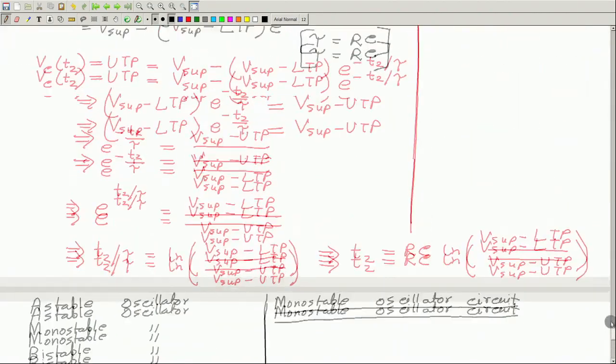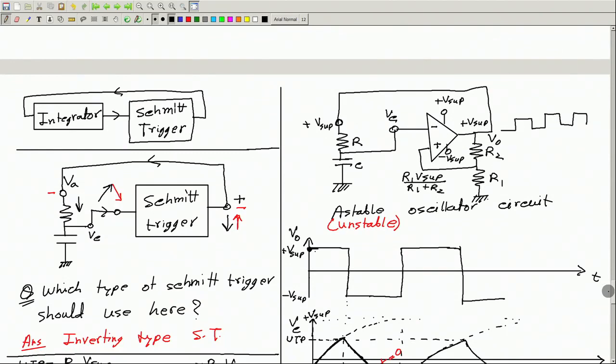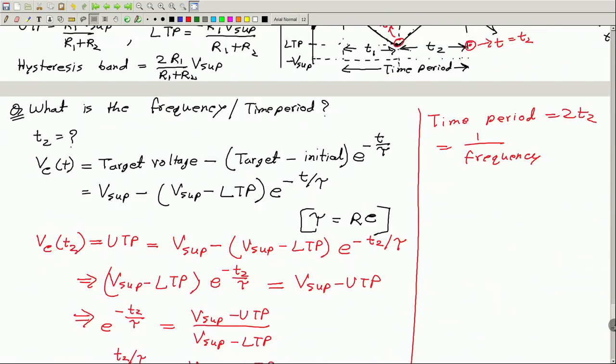We shall start from this circuit and modify it.